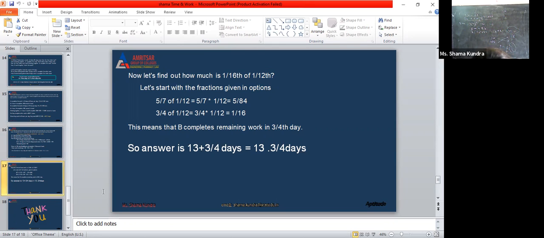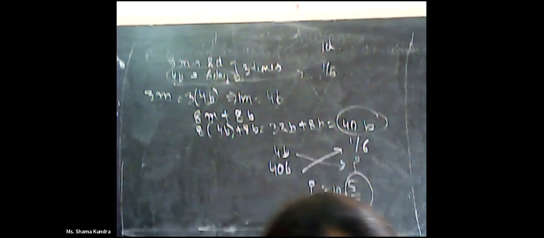I will show the cross multiplication on the board also. See how.